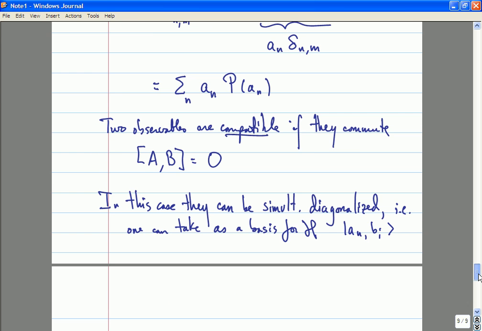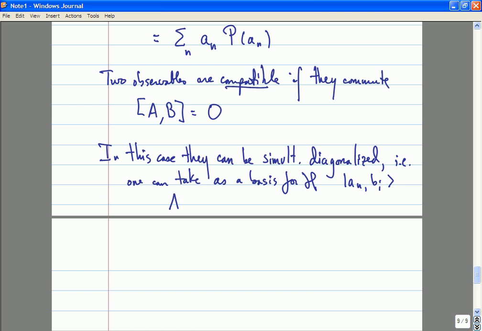So that A times one of these states, |a_n, b_i>, would be a_n times that state, and likewise B acting on it would give you b_i. And I'm using n to run over the eigenvalues of A, and i to run over the eigenvalues of B. Now, if it's not obvious to you that two commuting observables can be simultaneously diagonalized, prove it to yourself. Okay. You don't have to give a mathematical proof, but think about why it has to be true.